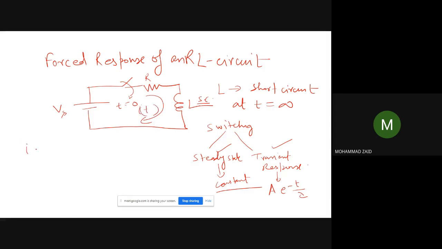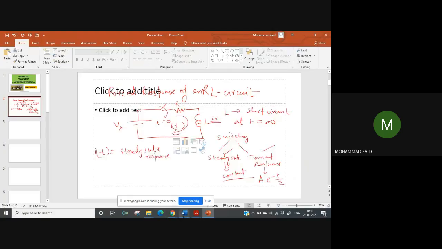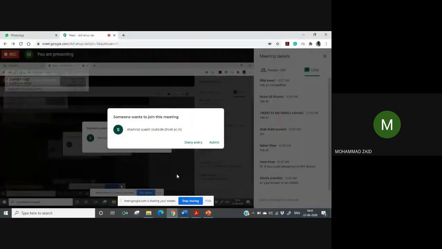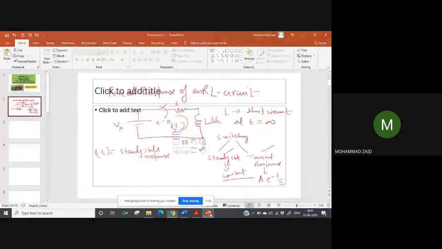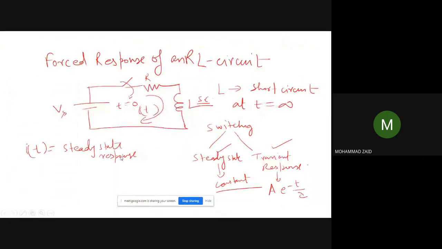For this circuit, we can write i(t) is equal to the steady state response plus the transient response. This is the same thing which we wrote for the RC circuit.